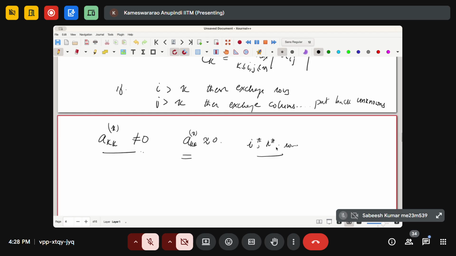But then it is possible that everything below that element is also 0, right? In which case it is not possible to find a solution, and that indicates that your matrix A is actually singular, because you are not able to find a non-zero element in that position. So the given matrix is singular. Of course, we are not going to work with those matrices for the purpose of the course, but in real life you can get such matrices. Now your question is, there are two things. One is finding an accurate or correct answer.